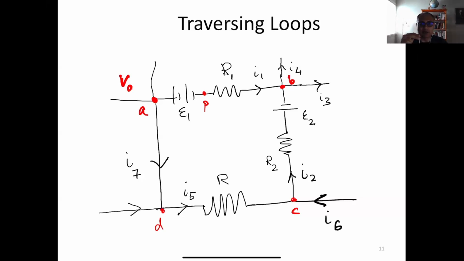So B must be at a lower potential than P. So suppose we keep track of all the changes of potential that are happening. If we go around in a loop and come back to A, what must all those changes add up to? 0. Yes, exactly. Because the potential at A is the potential at A, right? So if some changes have been happening, but we come back to A, all those changes have to add up to 0. Everybody completely clear about that?